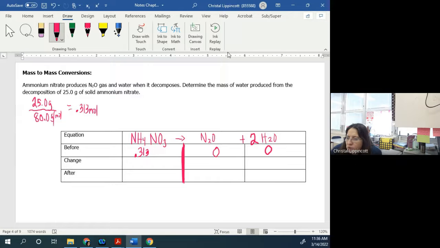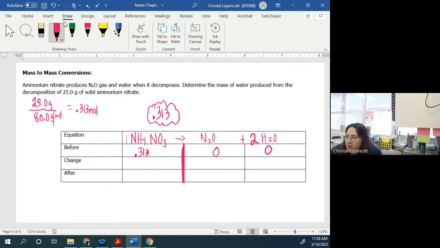What operation do I perform? I take this and do what by the coefficient? Remember, this has a coefficient here. We just don't write it down because it's 1. The cloud is just 0.313? Yep, because this divided by 1 is going to be 0.313.